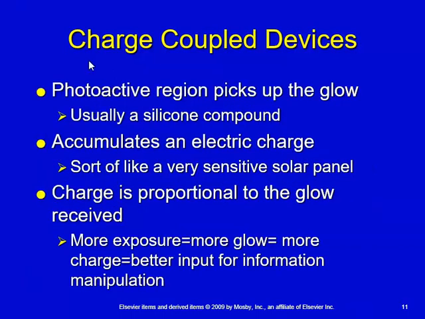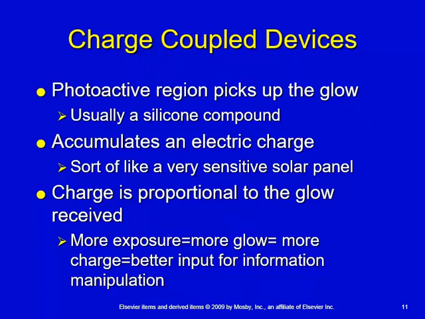So what we have with a charge-coupled device is a photoactive region. You've got exposure on the cesium iodide. The exposure causes a glow. The glow is picked up by the CCD. It's got a photoactive region that picks up that glow, and based on the glow, it accumulates an electric charge.